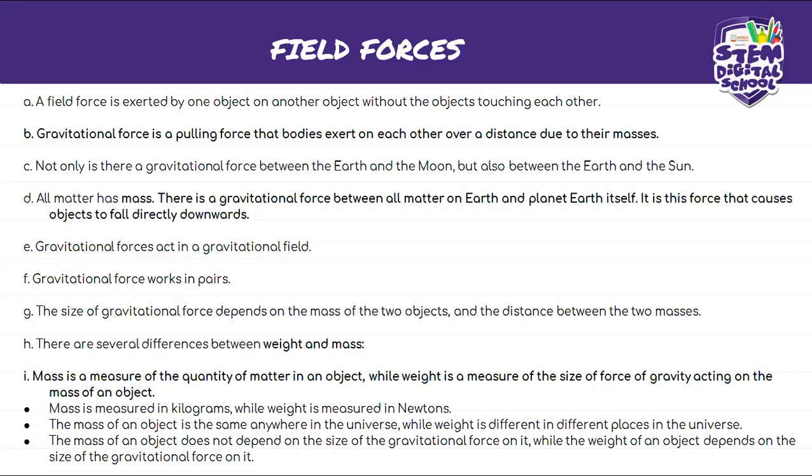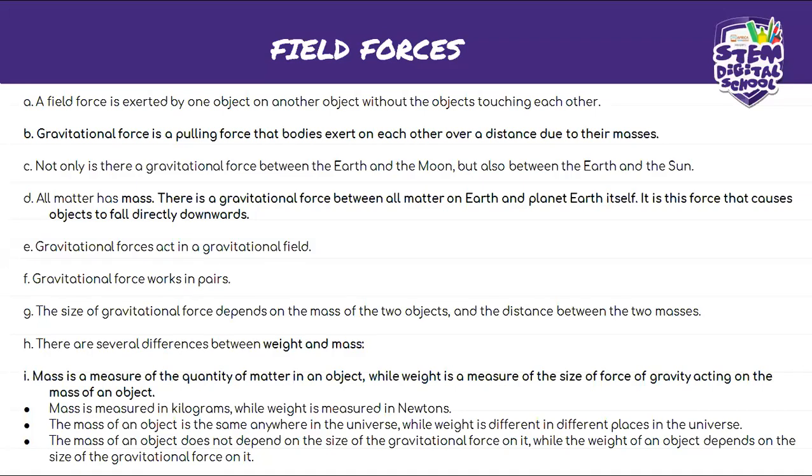So we have seen that gravitational force is a pulling force that bodies exert on each other over a distance due to their masses. So not only is there a gravitational force between the Earth and the Moon, but also between the Earth and the Sun. So it means there is a force relationship between the Earth and the Moon, the Earth and the Sun. So that's why they are in orbit.